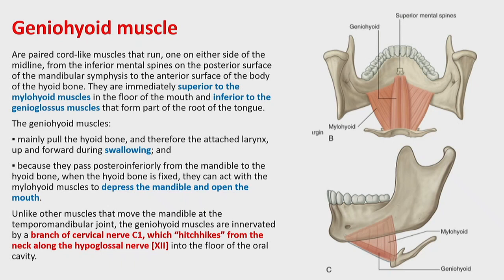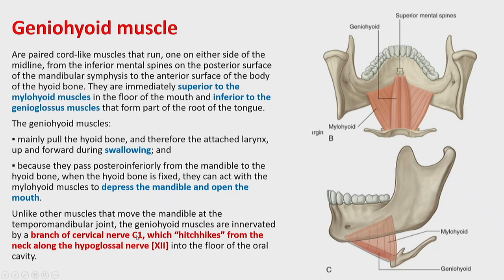It is not innervated by any cranial nerve. It is innervated from a spinal nerve that we are going to discuss in the nervous system. This spinal nerve is innervating the geniohyoid and one more muscle, an infrahyoid muscle, the thyrohyoid muscle, from the segment of the spinal cord C1.